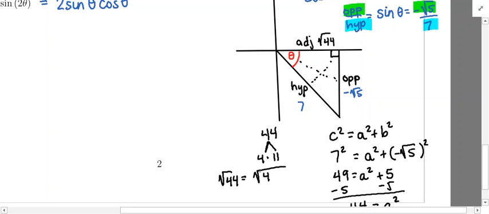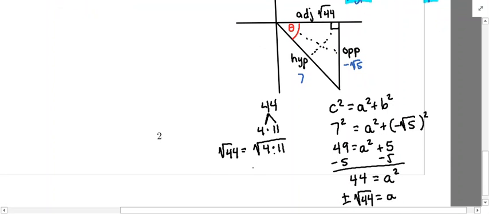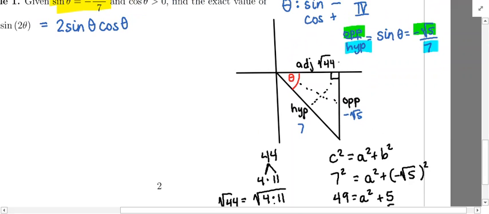The square root of 44 is the same thing as the square root of 4 times 11, because you have 44 underneath the radical. But then you can break it up as the square root of 4 times the square root of 11. So it's the same thing as 2 times the square root of 11, if you wanted to simplify your square root. So I'm going to say that this adjacent side, you can say it's the square root of 44. That's equivalent to 2 times the square root of 11.